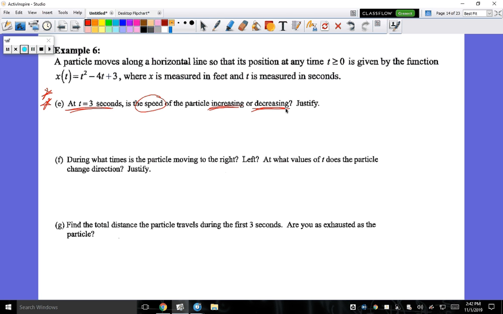Increasing because x prime of 3 is greater than 0. Okay. I say increase. Okay, so now you're saying increasing. What's your reason? I'll get to you, Nate. Because x prime of 3 is 3 or something. It's positive. Okay. Look at this. What do you say? x double prime is positive.